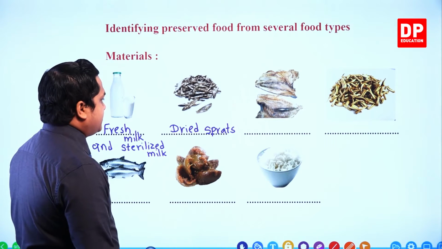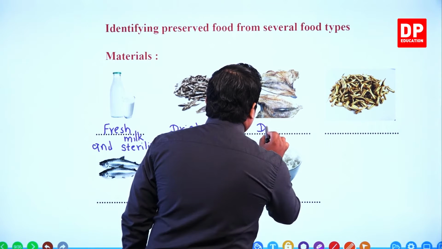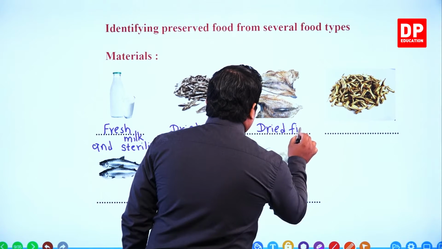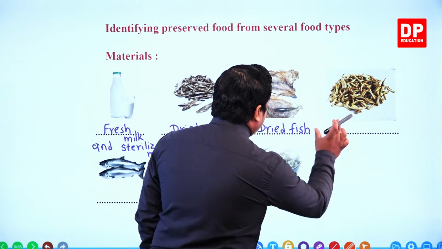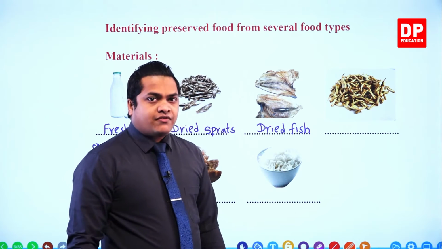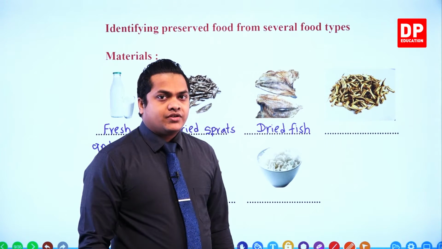Then we'll be needing dried spreads. Then this is dried fish. This is dried jackfruit.